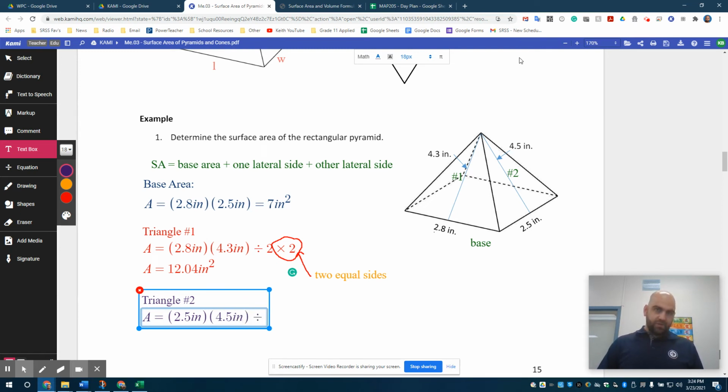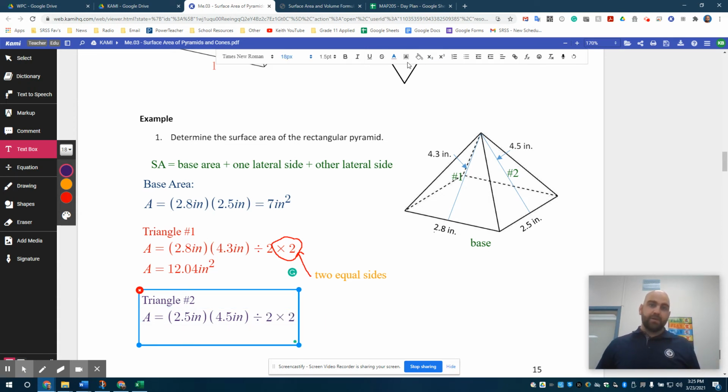Again, we divide by 2 because it's a triangle, and we multiply by 2 because there are 2 separate sides. We have our base and we have our slant height. Our area, 2.5 times 4.5, is 11.25 inches squared.